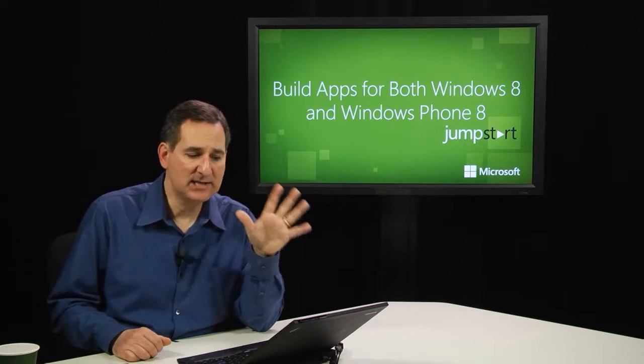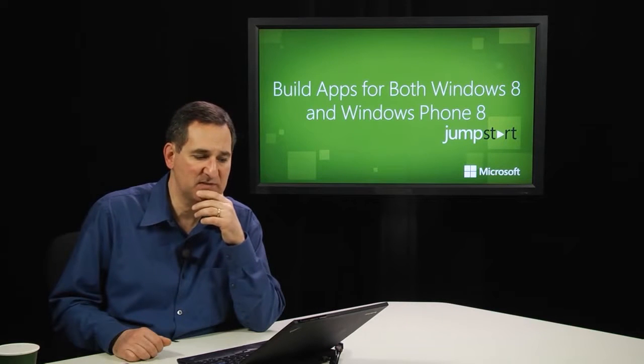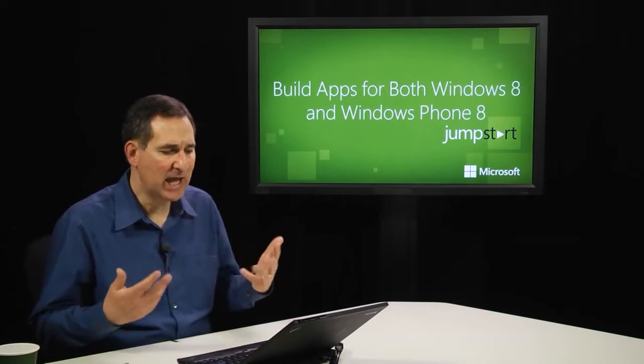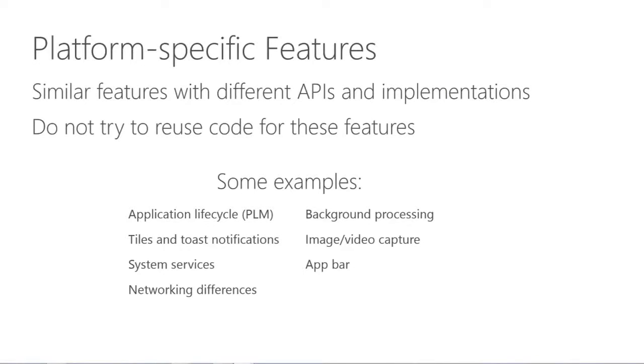Before I got into that, I did want to talk about some of the platform-specific features, because visually, when you think about some of these things, both of the platforms do them. So you may think that if I have application lifecycle management happening on Windows Phone and Windows 8, then I would expect that they're both the same.